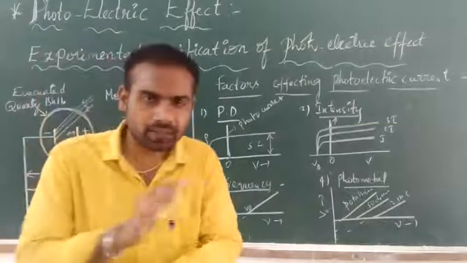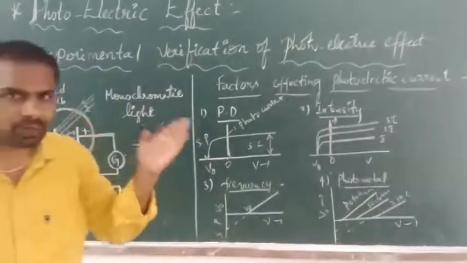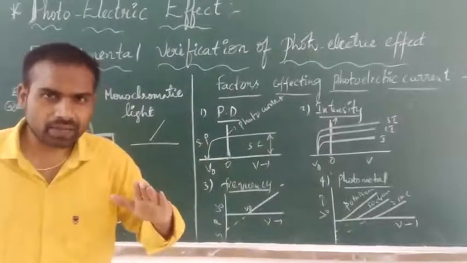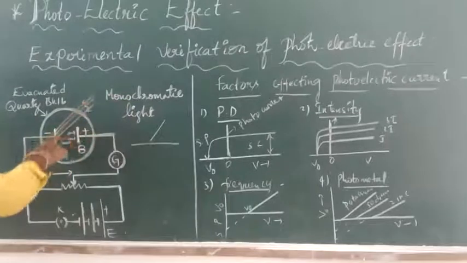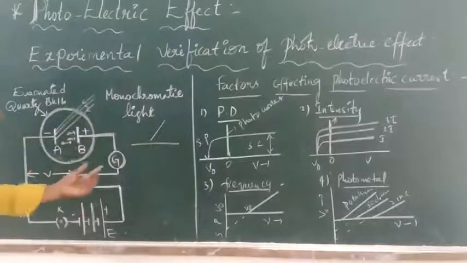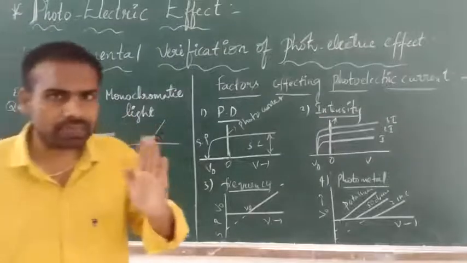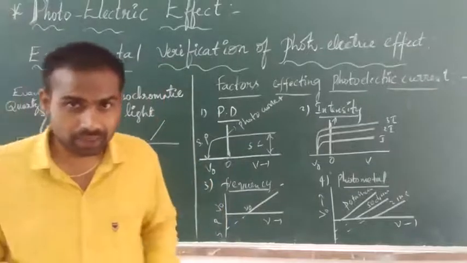When no light falls on metal A, there is no current in the galvanometer, no deflection. When monochromatic light falls on metal A, the galvanometer automatically shows some deflection, meaning there is a current passing through the galvanometer.